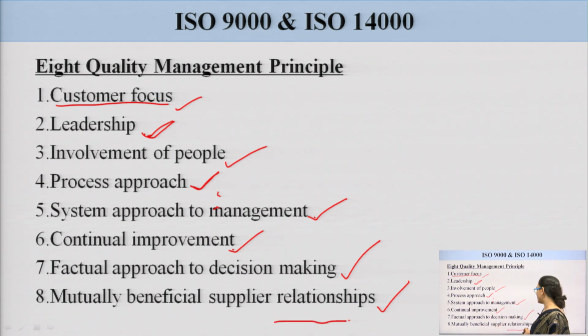As per this principle, the supplier and the organization or the owner of any company are dependent. So they must maintain a mutually beneficial relationship. They must share their ideas and their strategy to improve the organization.